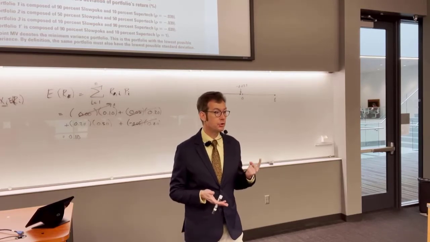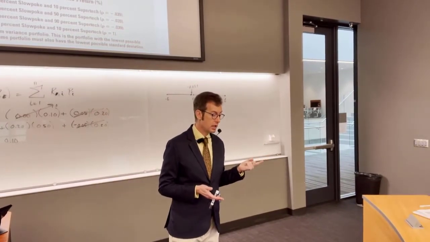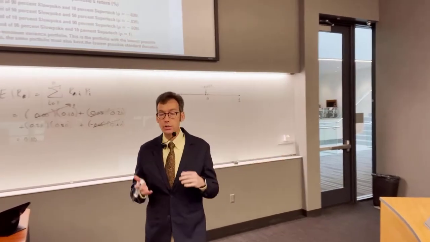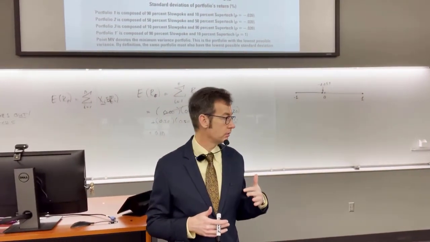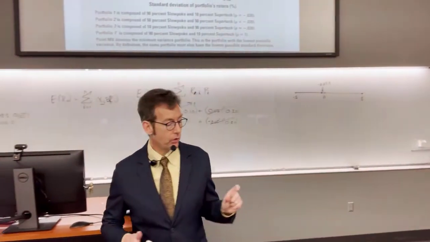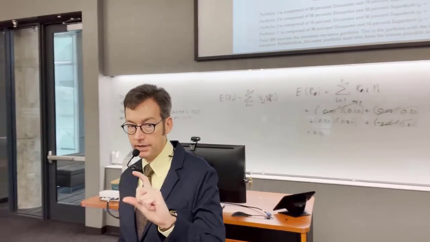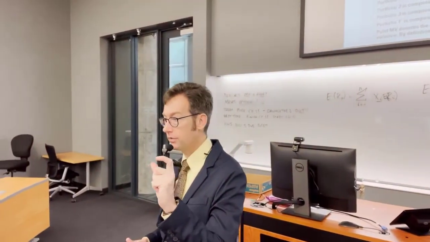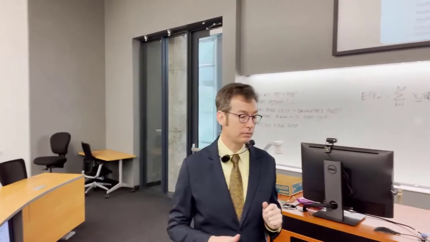Well, one gives you more return with less risk. That sounds amazing. But we could do even better. Would you rather invest at the minimum variance portfolio or one? The minimum variance portfolio. And so we would say basically that only crazy people would invest between Slowpoke and MV. Only crazy people would invest there.